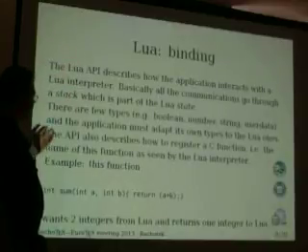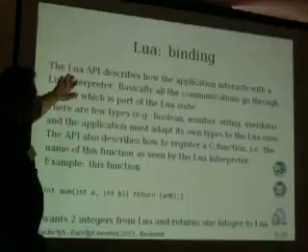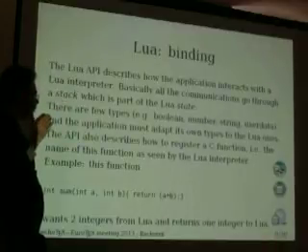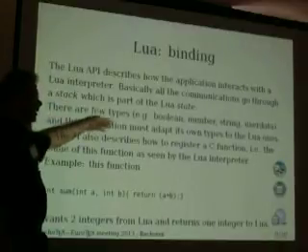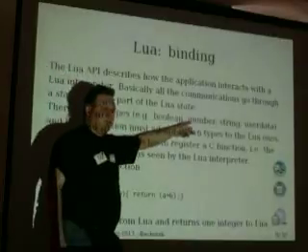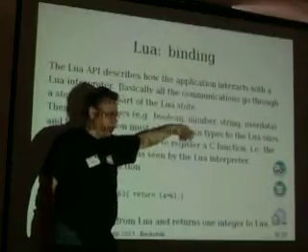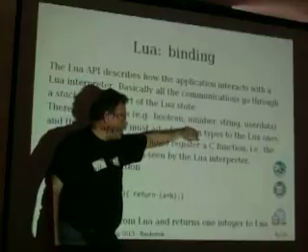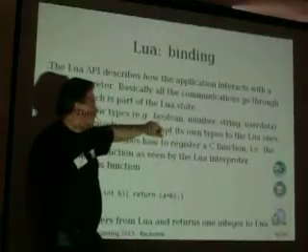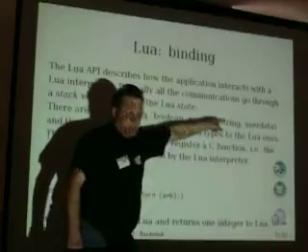The semantics of the Lua API say that there are few data types: numbers, for example, integers and floating point numbers, boolean, string, and generic user data.